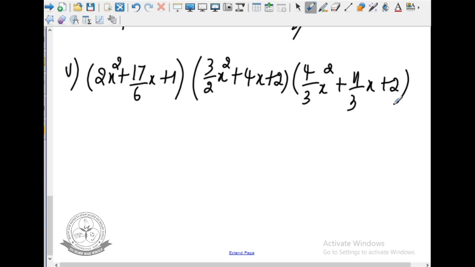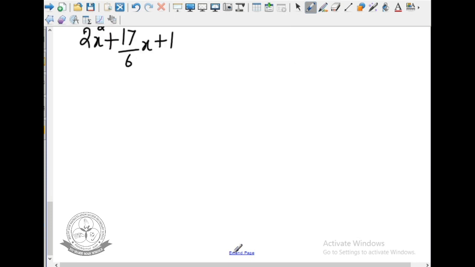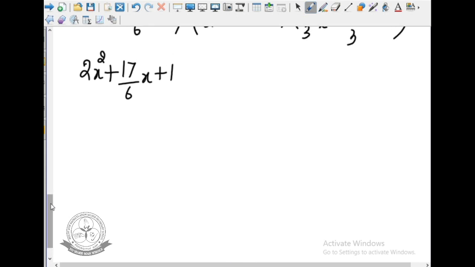So here I will use the new method, because they are having a long process, right? So I will take out one by one. First I take the first one, 2x² + 17/6 x + 1. Here you can see they are having only one fraction term, right? So for this one I will take the LCM of 6.